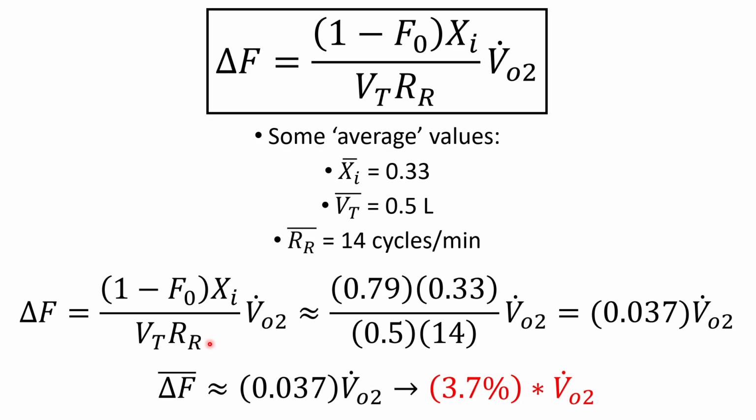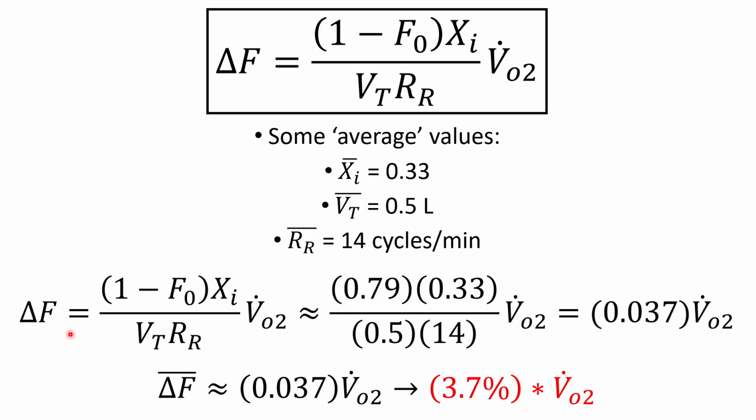So this is the same formula as above, and let's plug in these numbers. Remember, 1 minus F naught is just a constant, 0.79, times 1/3, which is xi, divided by 0.5 times 14 in the denominator. And we'll leave the flow of O2 as a variable. Once we grind out all these numbers, we get 0.037 times the flow of O2.